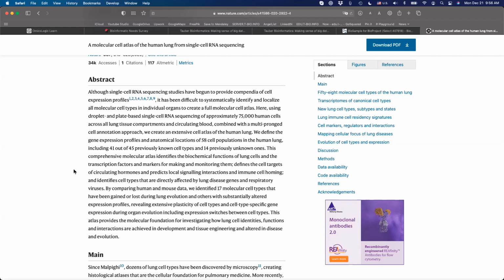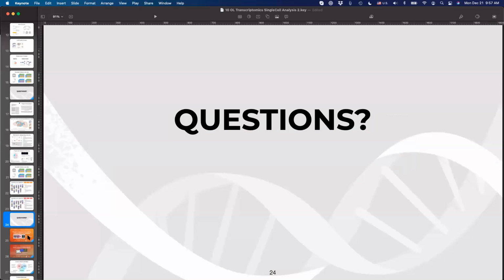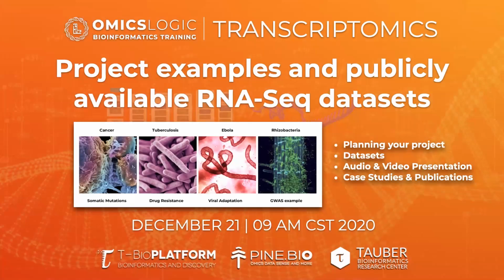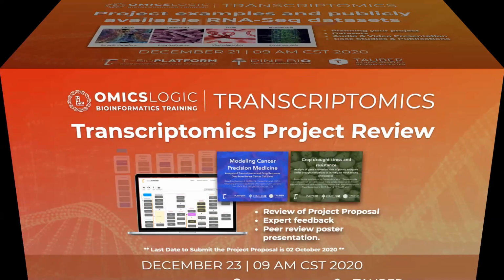Okay, so what this really brings us to is this whole concept of developing an independent project. As we think about how all of this type of data helps us address different types of computational challenges, we need to think of how to develop a project.